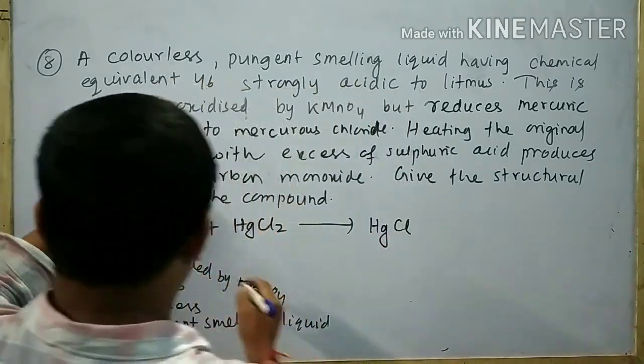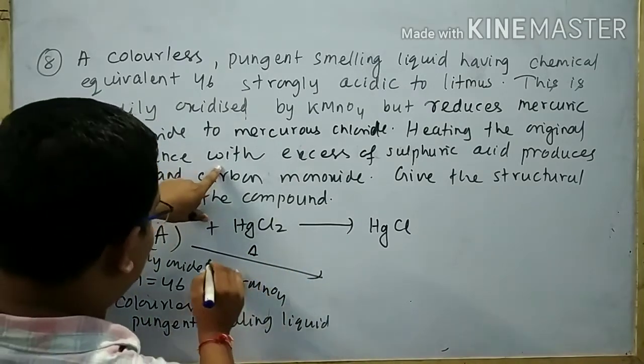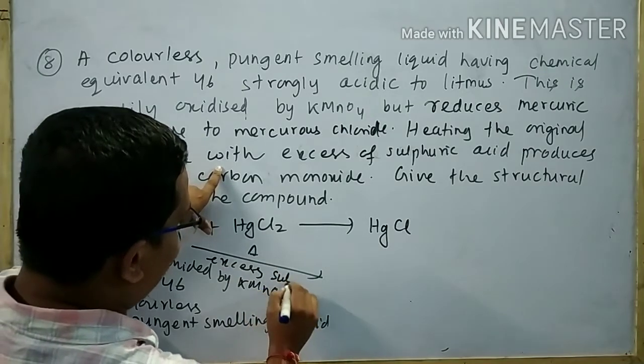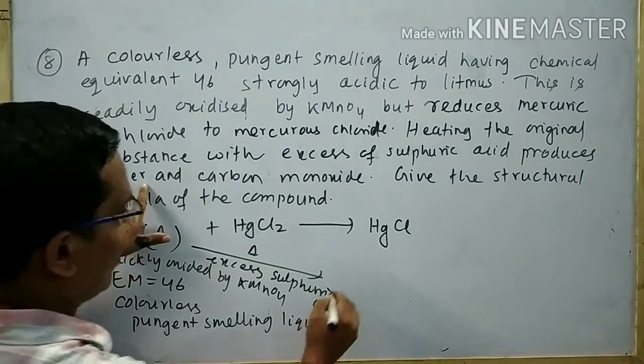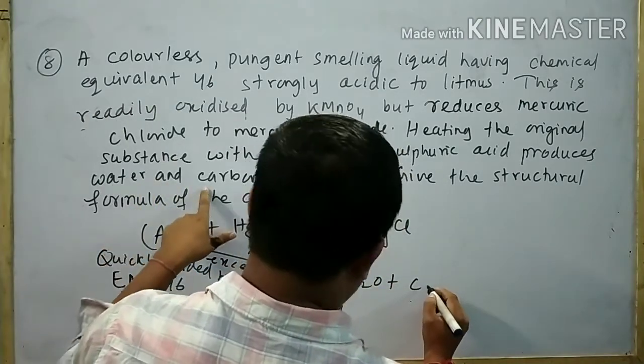Heating the original substance, that means A, with excess sulfuric acid produces water, H2O, plus carbon monoxide.